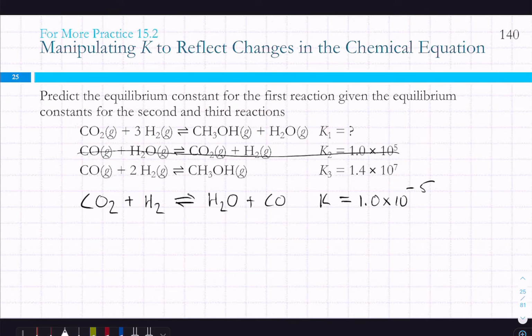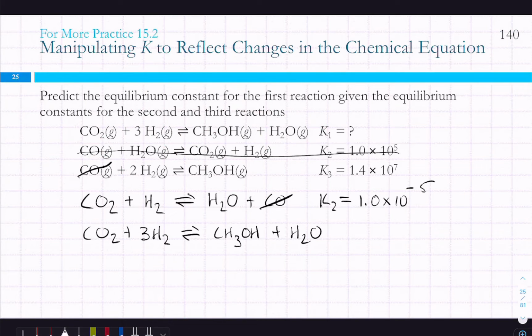So now we just add these together. Adding our equations together, easy enough. Just look for anything that's on both sides, in the same quantity. So you have carbon monoxide and carbon monoxide. Get rid of those. Our hydrogens will add together, and so we'll get CO2 plus 3 hydrogen gives methanol, CH3OH, plus water.